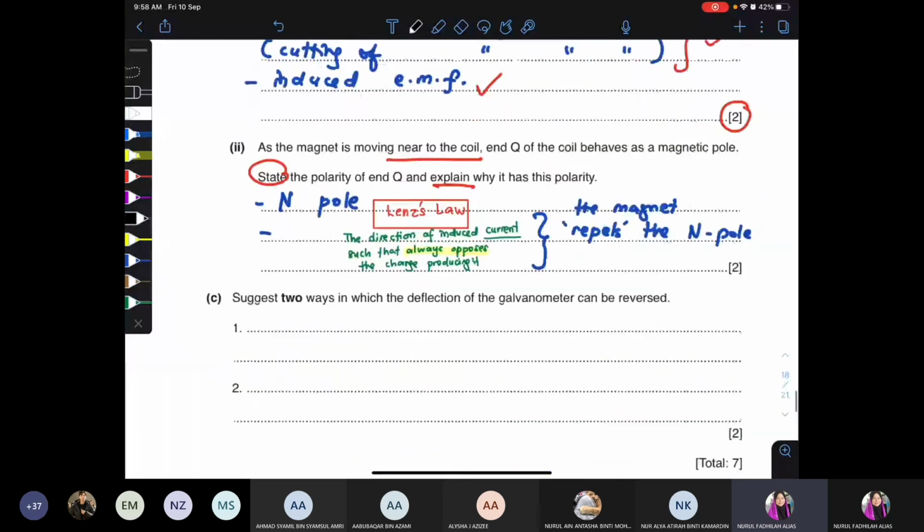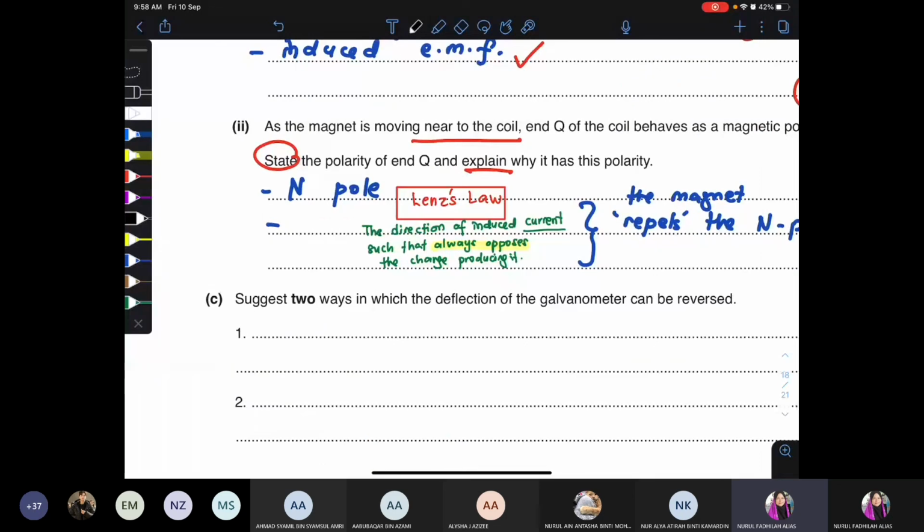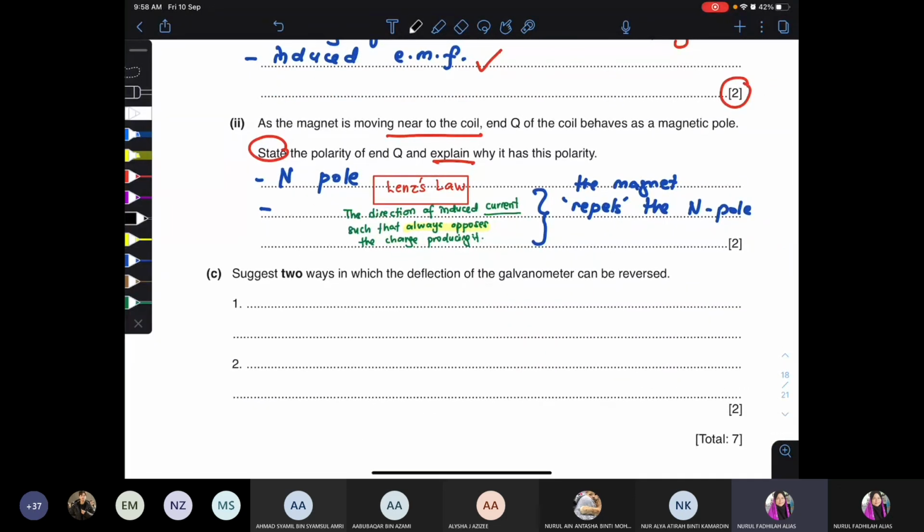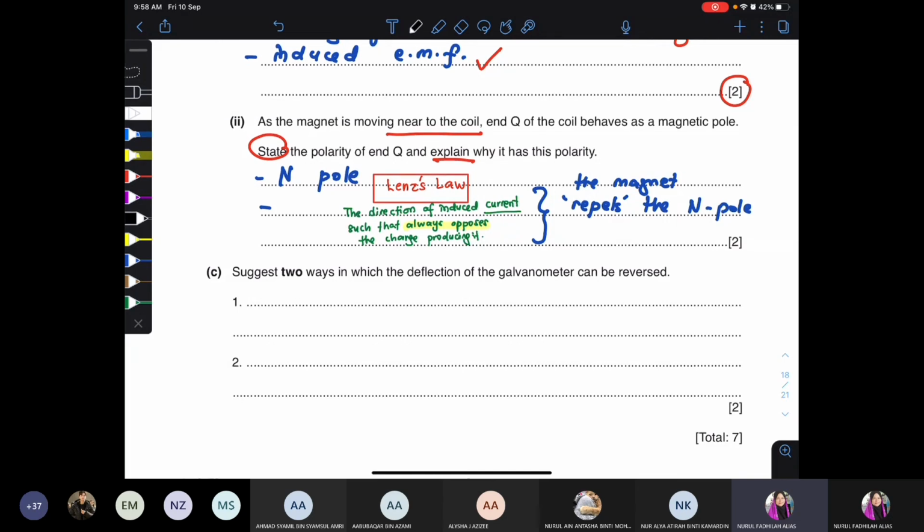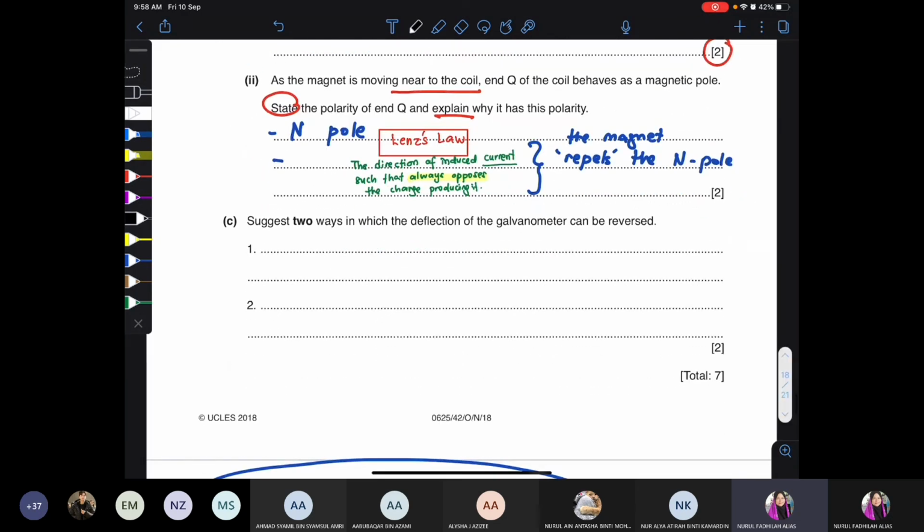It's either you write down the Lenz's law punya statement ataupun you mention apa yang awak faham daripada Lenz's law. Untuk IGCSE awak tak perlu pun nak hafal maksud Lenz's law tu. Tapi sebenarnya pemahaman terhadap Lenz's law tu membantu you jawab tentang electromagnetic induction. Okay, suggest two ways in which the deflection of the galvanometer can be reversed.